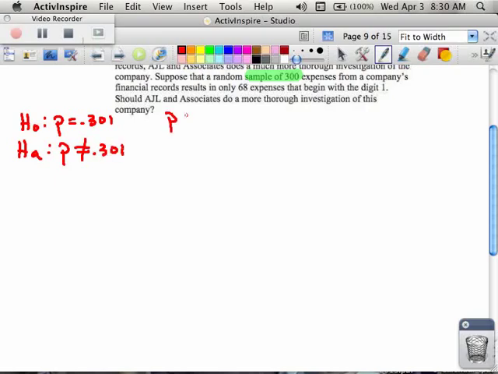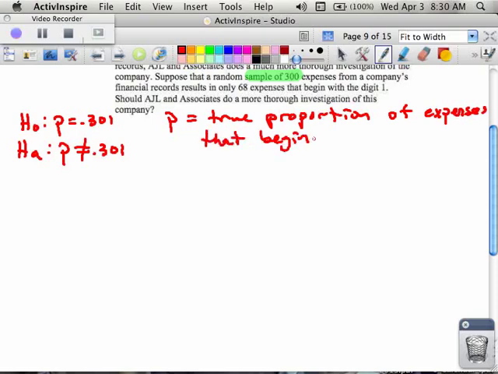And this P is equal to the true proportion of expenses that begin with a 1.